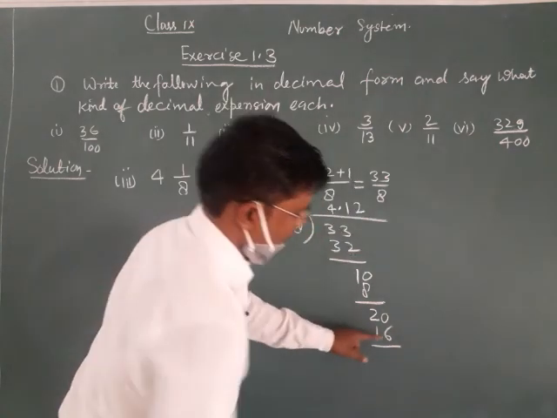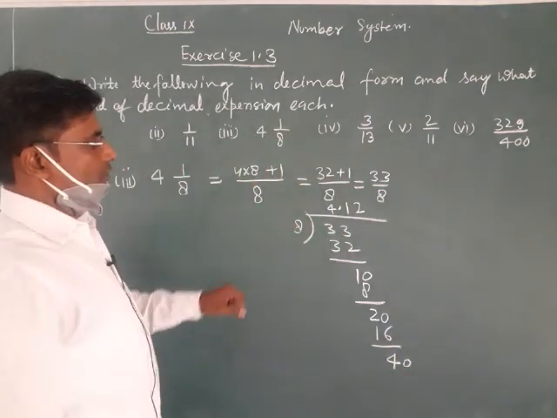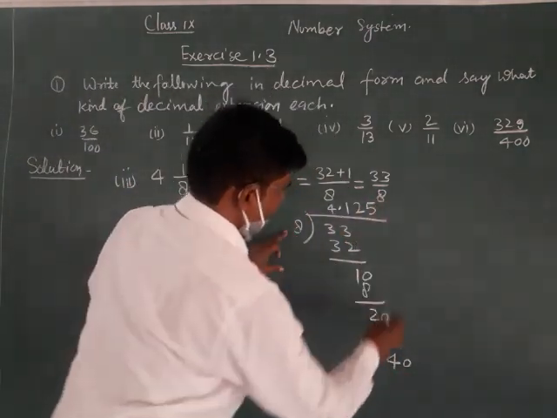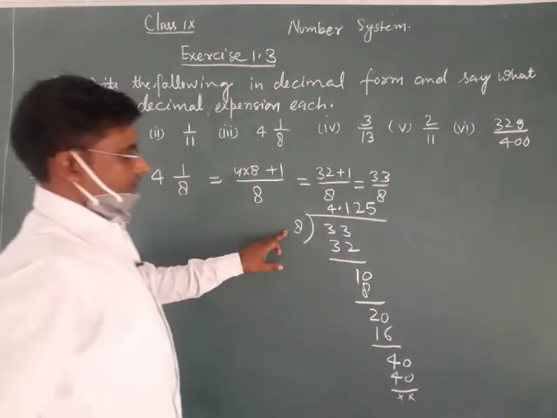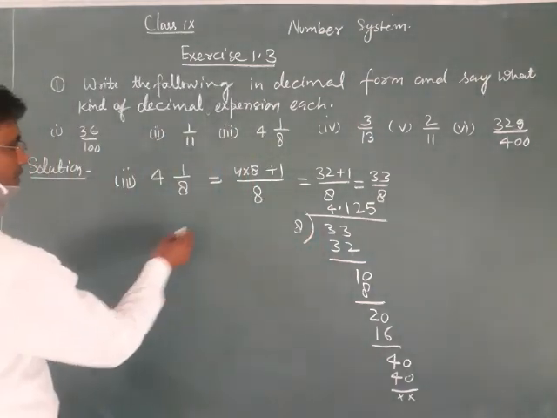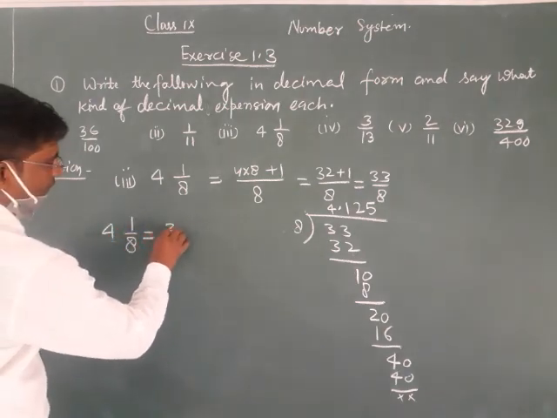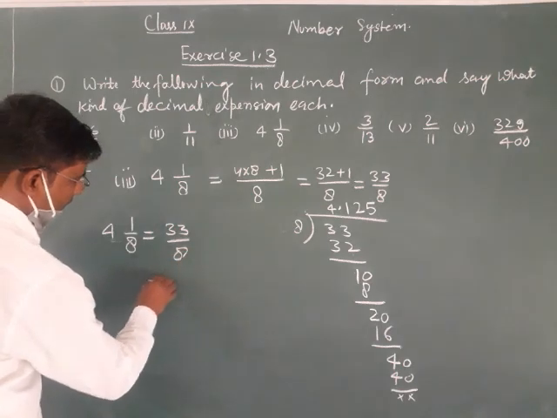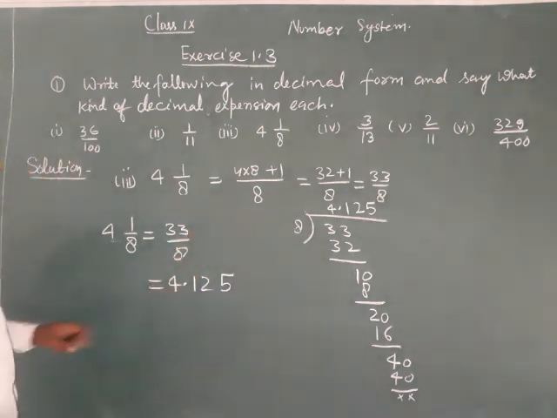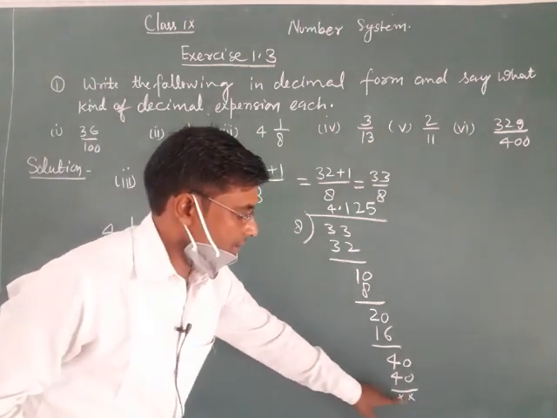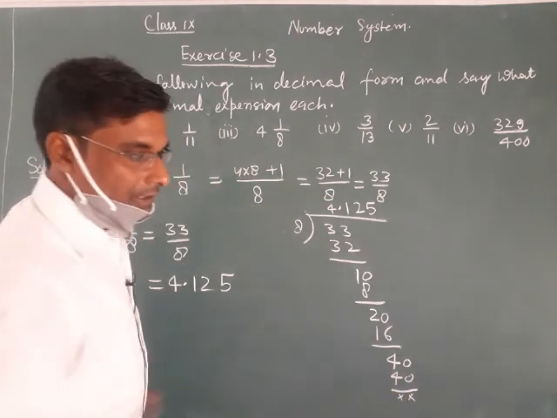So now the remainder will be 4, and increase 0. So 8 times 5 is 40. So the remainder will be 0. So 4 whole 1 upon 8, which is 33 upon 8, is equal to 4.125. So this is remainder 0. So this is a terminating decimal.